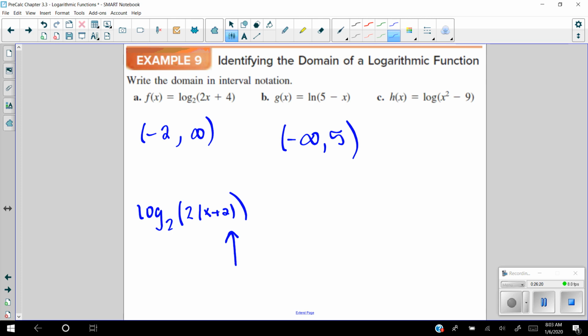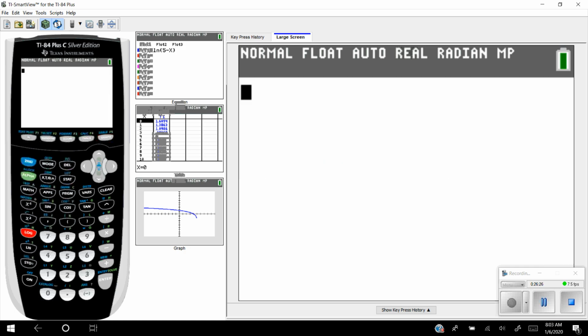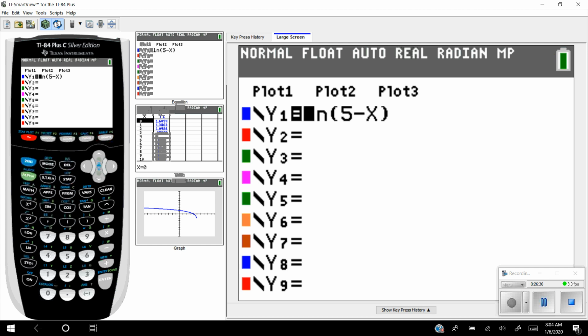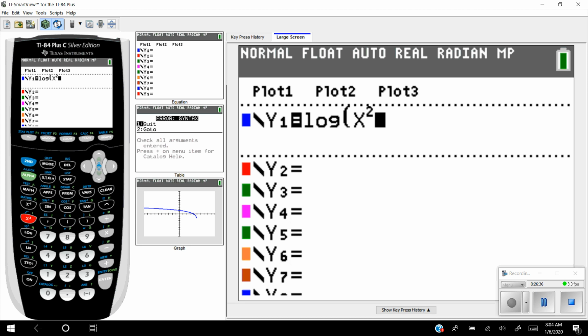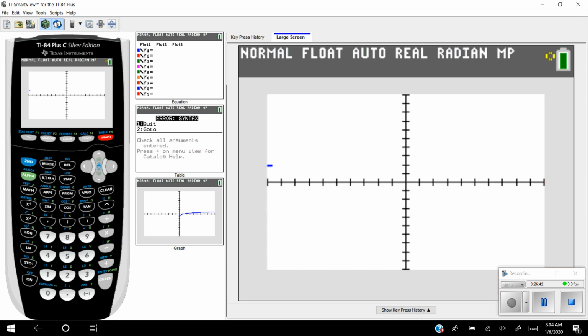And then last but not least, we have log of x squared minus 9. Oops, gotta go back to y equals. This one's interesting because it's got an x squared, so that means it's going to have 2 branches to the logarithm, which also means 2 vertical asymptotes.